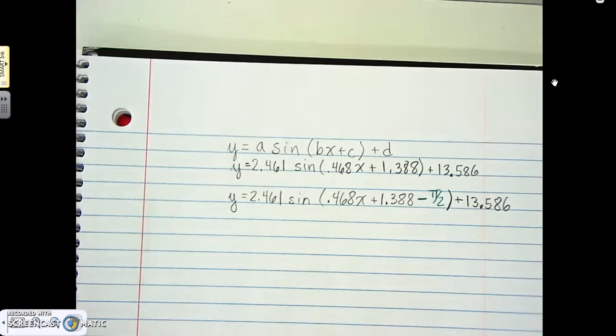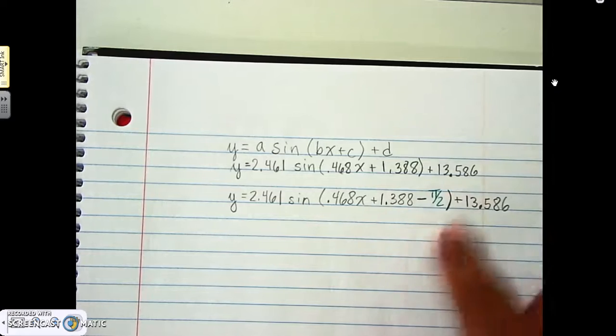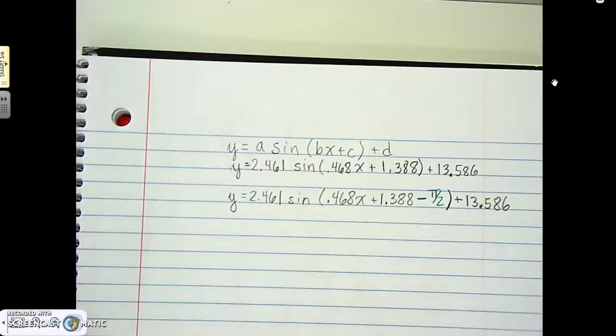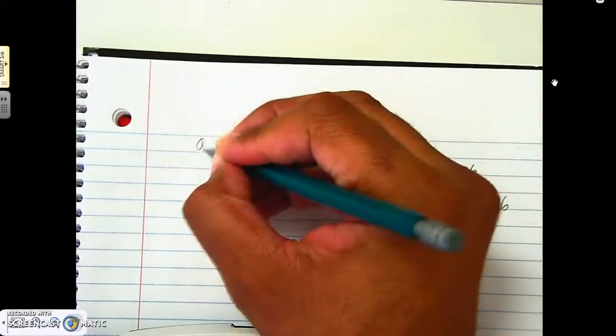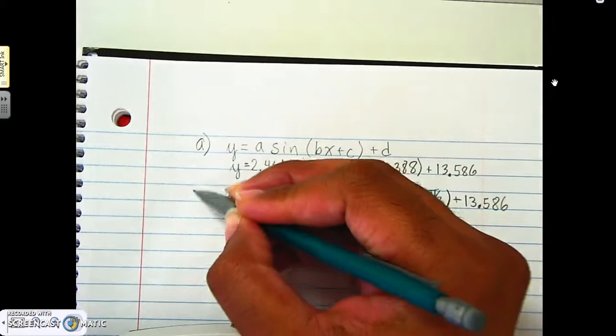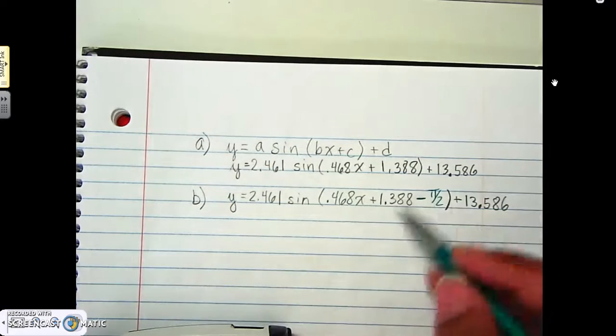So with that, let's go ahead and find out what that part is right there as a decimal, and then we're going to rewrite it with the cosine. And again, this was A, and again we did it in the calculator. And so B here, I'm going to go ahead and put that in the calculator.